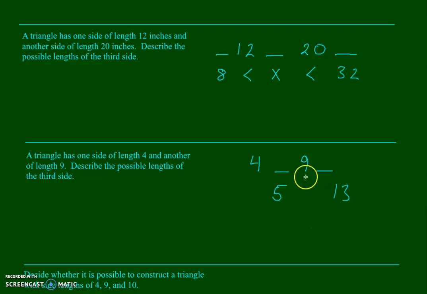So we know that whatever we pick for the value of our third side, it's going to have to be greater than 5 because 4 plus 5 equals 9. And so this x value is going to have to be greater than 5. And it's going to have to be less than 13 because 4 plus 9 equals 13. So the range of possible values is between 5 and 13, non-inclusive.